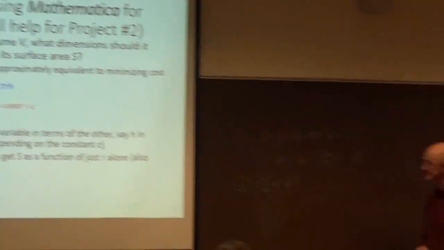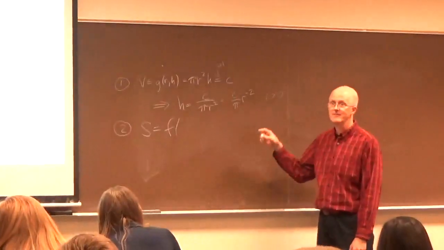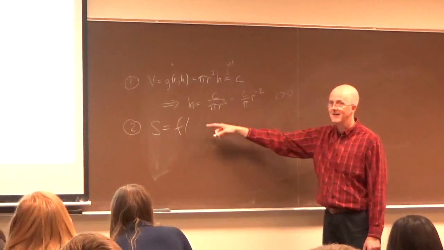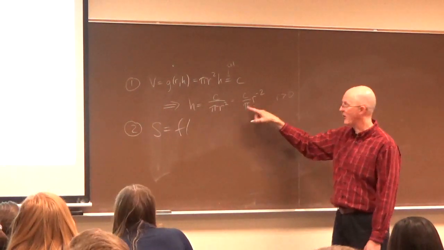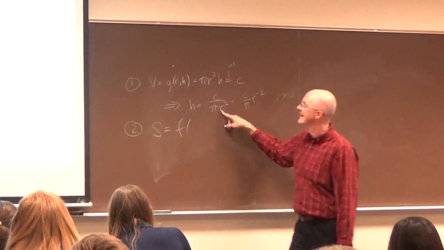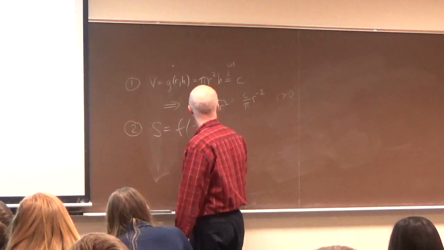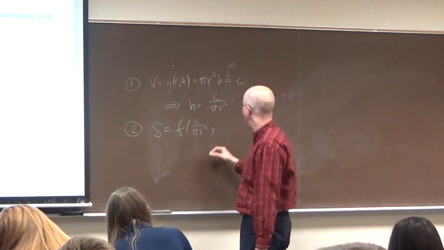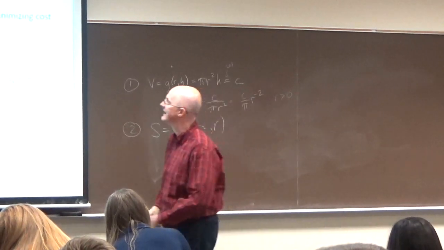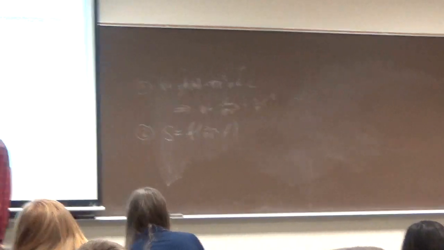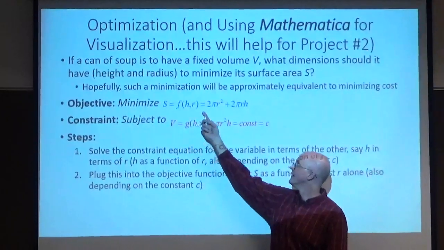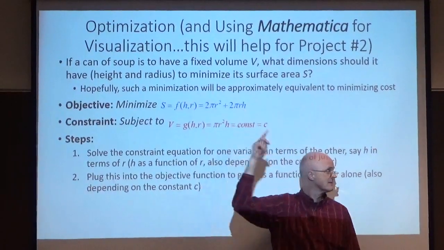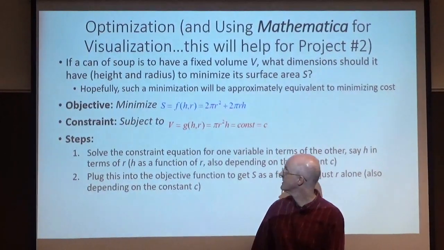Plug this in for h. c over pi r squared gets plugged into the f function in place of h. And the f function is up here. So go ahead, where you see an h right there, replace it with c over pi r squared.